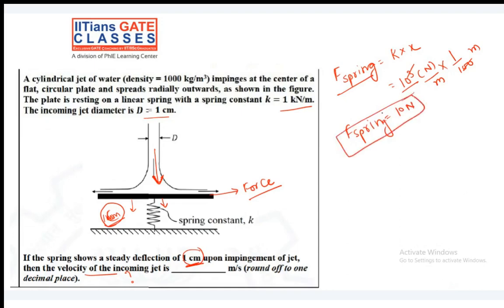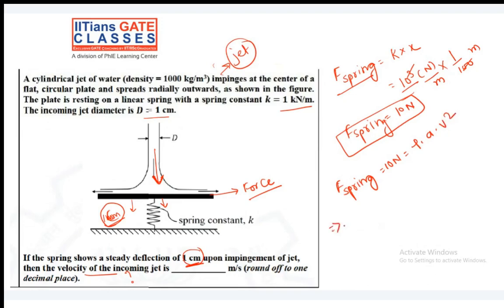This spring force of 10 newton is due to whom? Due to this jet, yes or no? Due to this jet, there is some force. So what you will do now is, we knew that this force is density times area of the jet times velocity square.